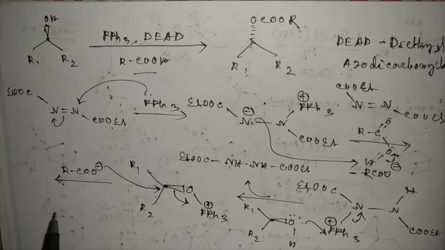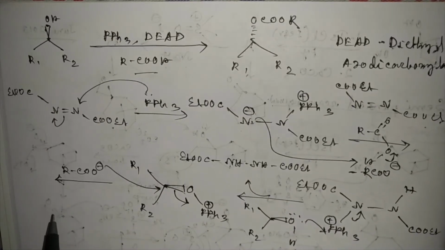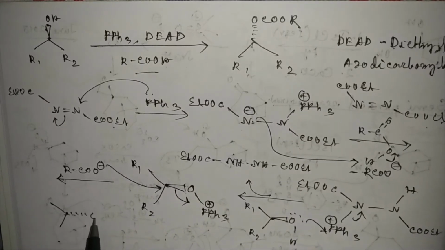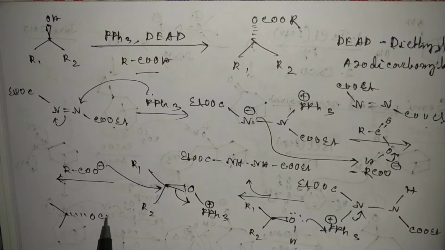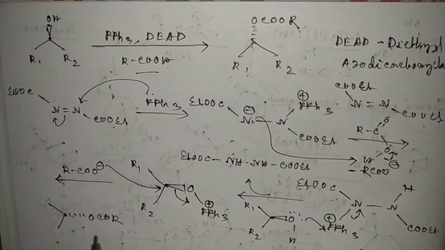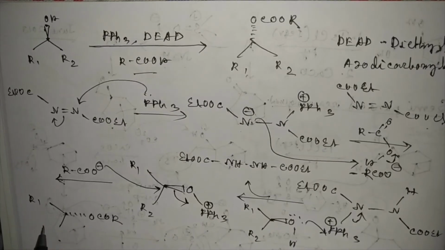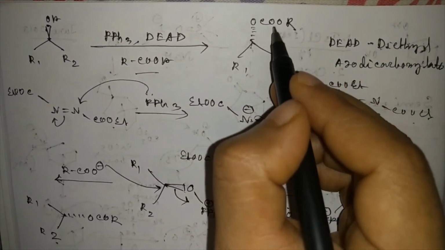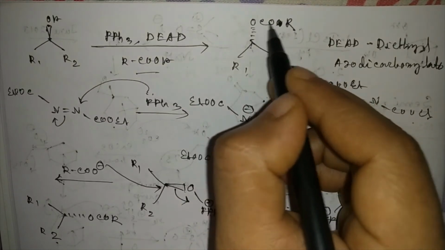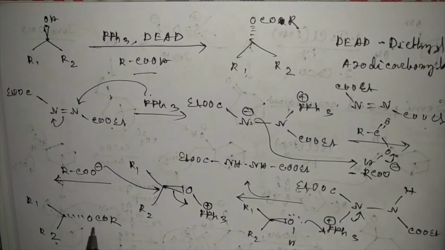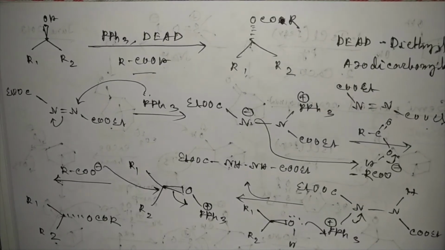So the product will be OCOR, R1 R2. Sorry, here only one oxygen will be there. OCOR. That is the SN2 of this COR group will be formed.